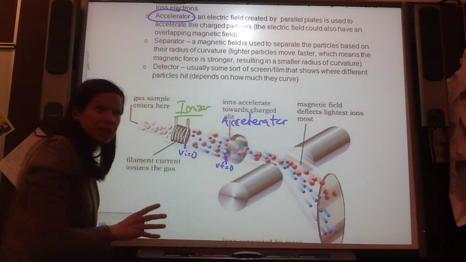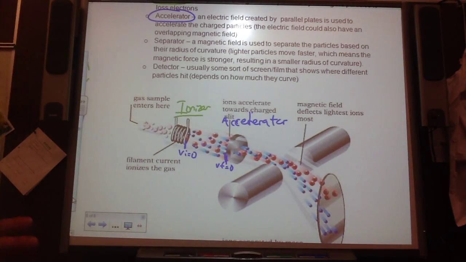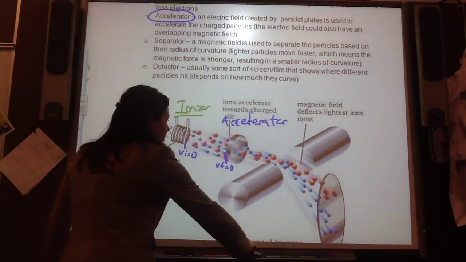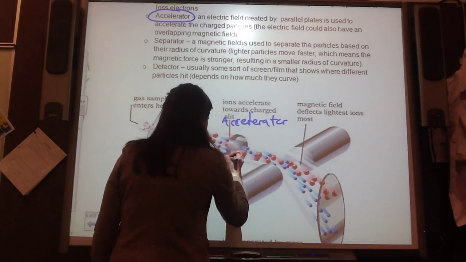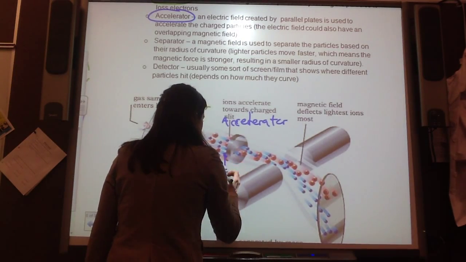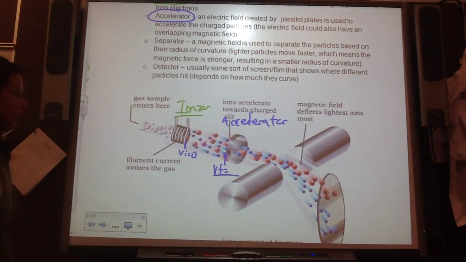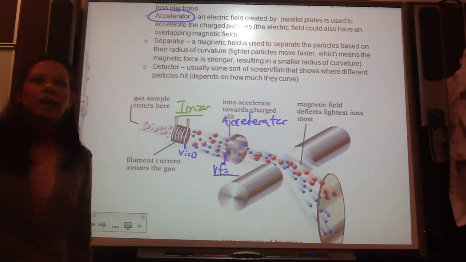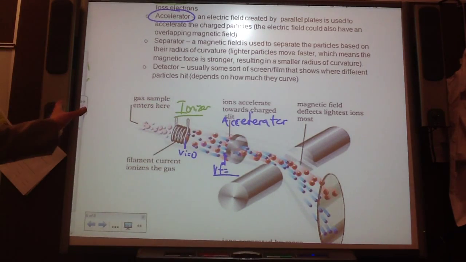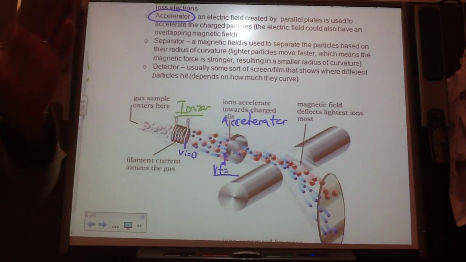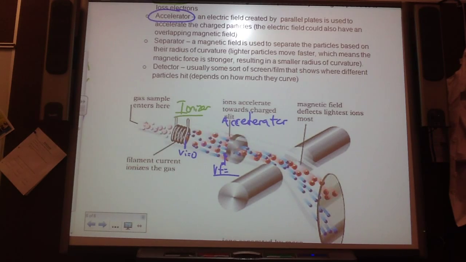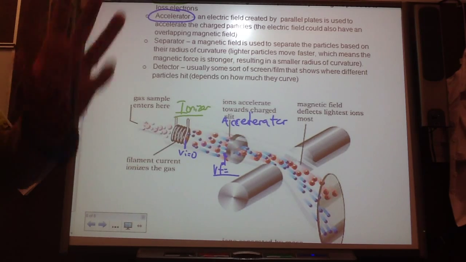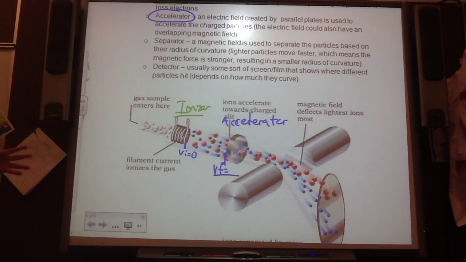Why is VF 0? It's not. Sorry, why would I put that? I'm sorry, Hayden. I don't know why I put that. So VF is not 0. Thanks for catching that. It's the speed that's coming out that you put into the magnetic formula. So as you're interpreting these questions, that's what it's talking about.